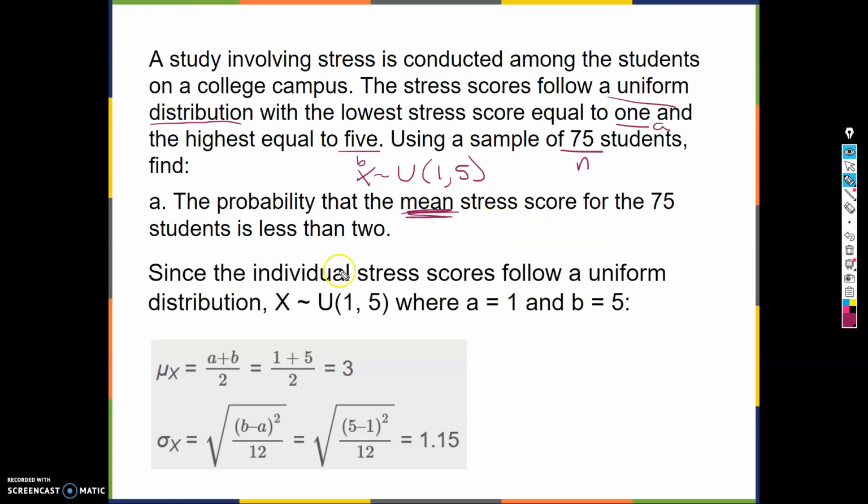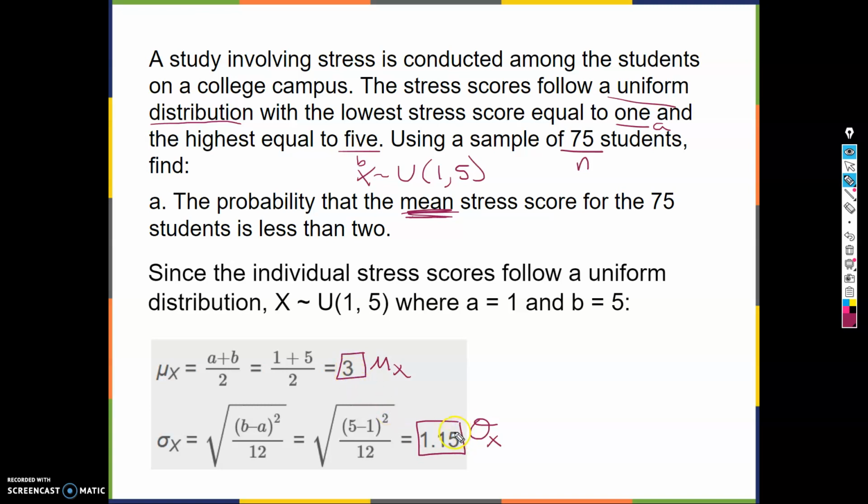Since the individual stress scores follow a uniform distribution, X is uniform from 1 to 5, where A is 1, B equals 5, then the original mean is A plus B divided by 2, or 3. The original standard deviation is the square root of (b minus a) squared over 12. This is straight out of uniform distribution, which is about 1.15. So this is mu of x, here's our original standard deviation.